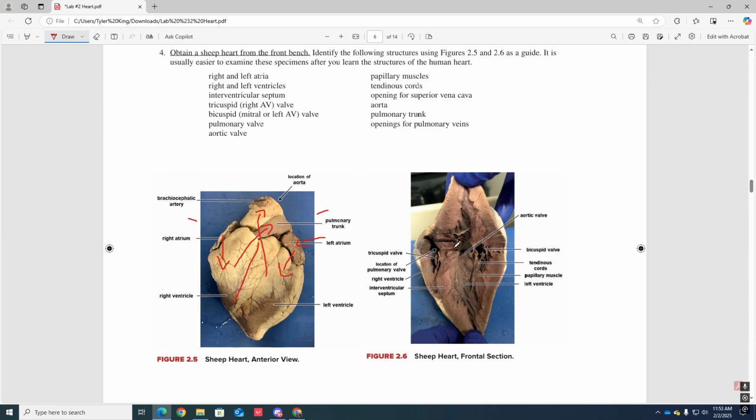All right, so now let's open the heart up a little bit more, okay? So it's a little hard to get orientated. I find it easy to orientate yourself by always finding this guy first. Always a super thick part, okay? Always a super thick part of the endocardium and the myocardium, okay?